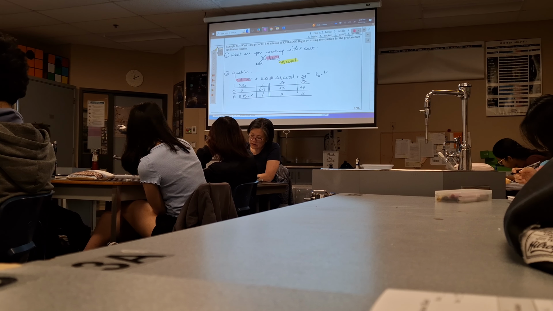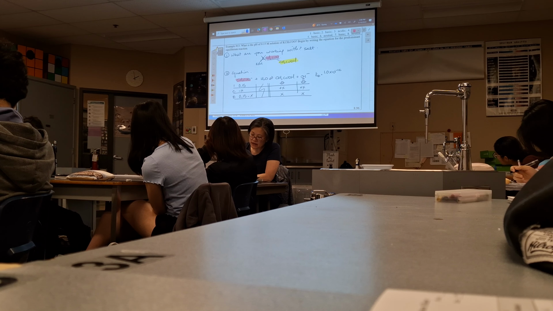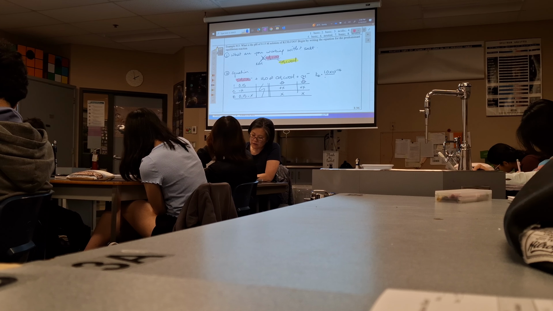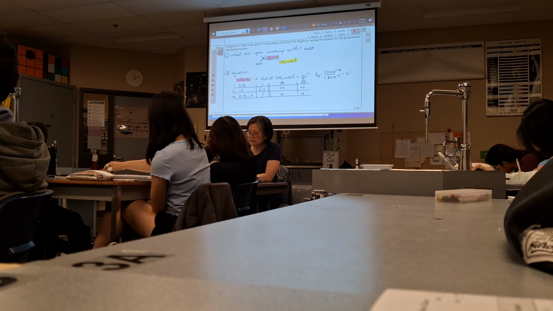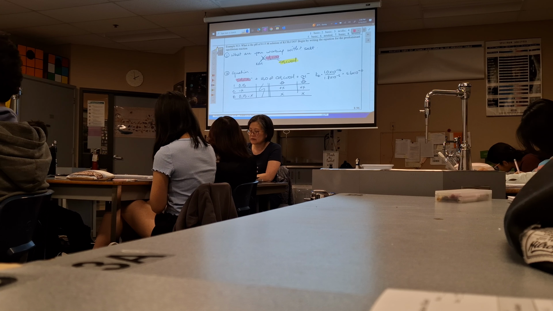So over here you go 1.0 times 10 to the minus 14 all over, I believe it's 1.8 times 10 to the minus 5, and you get 5.6 times 10 to the minus 10.